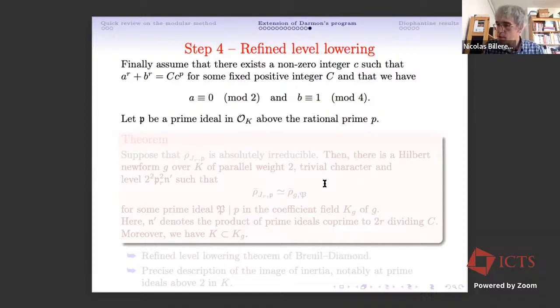Okay, so let's switch to the fourth step. The fourth step is level lowering. It was Ribet's theorem in the case of Fermat's theorem. And so now, if I want to do level lowering, I definitely have to assume that A and B are part of a solution. So let's say I will assume from now on that there exists a non-zero integer C with the property that A to the R plus B to the R is equal to some constant, capital C, times little c to the P. And again, I will assume that I have this arithmetic condition that A is even and B is congruent to 1 mod 4.